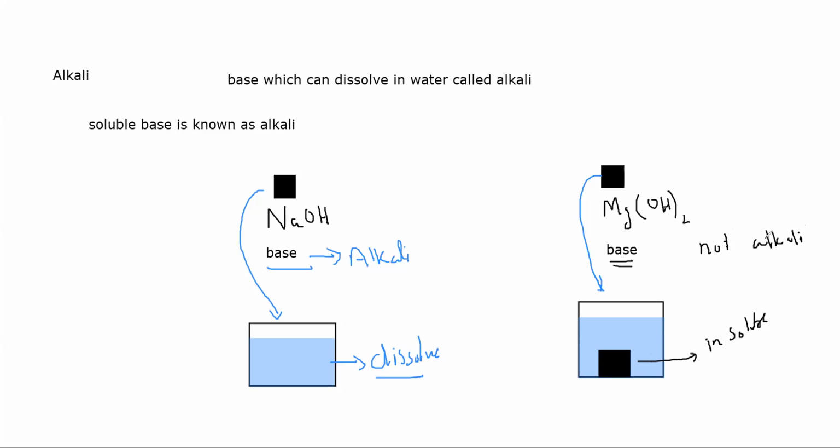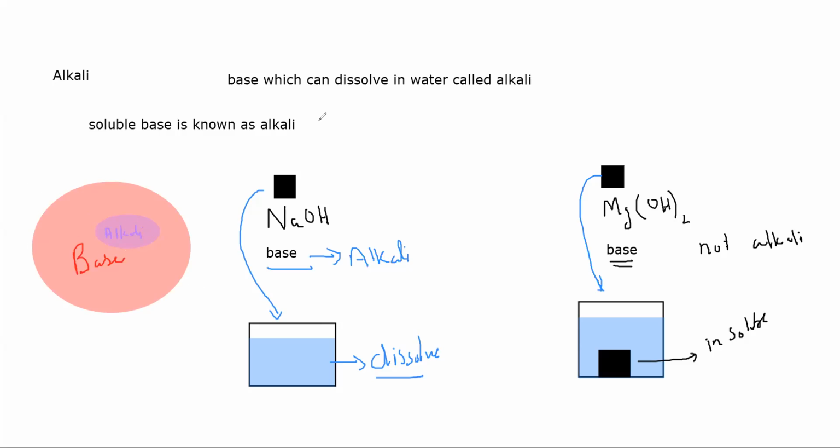Is the concept clear? Like if I make a Venn diagram, as you used to do in mathematics: if this whole is the base, the part of the base which can dissolve in water, we can also call an alkali.